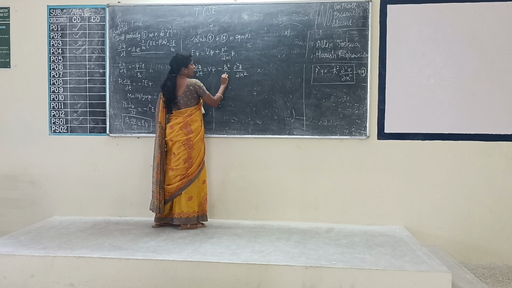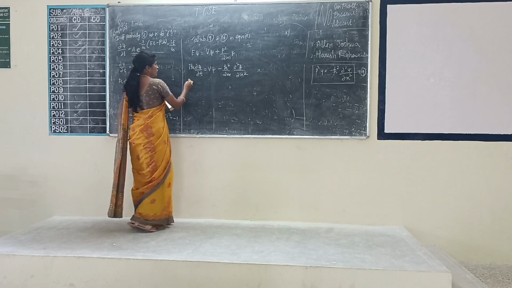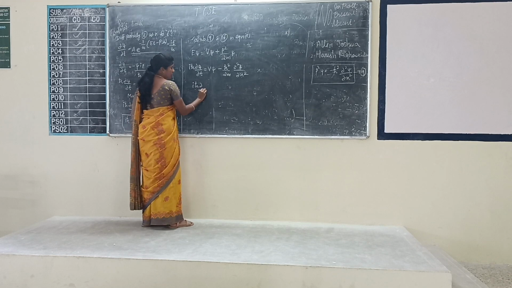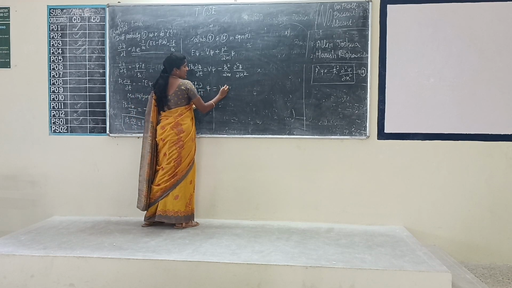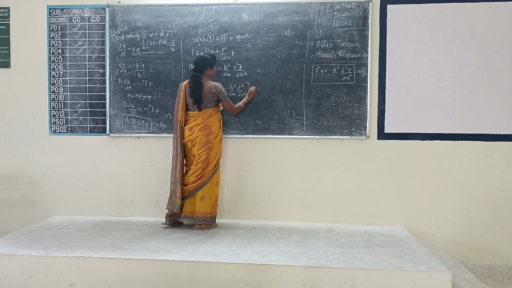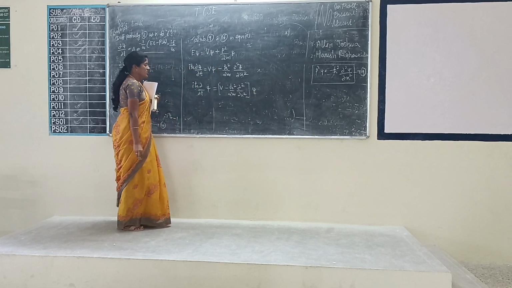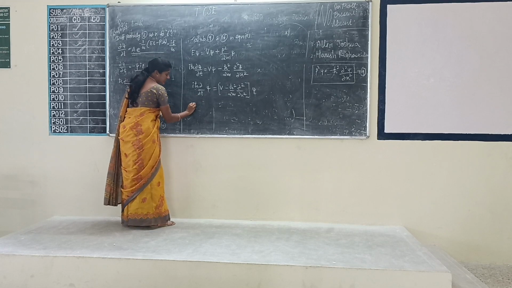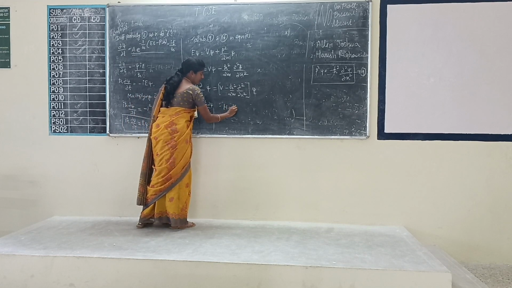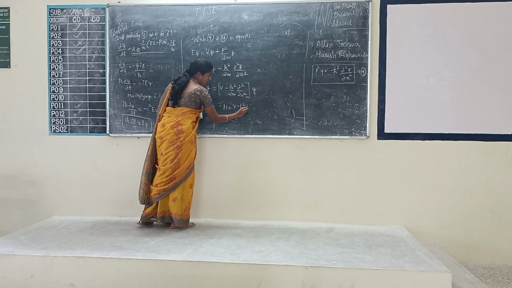Already we are having 2m in the denominator. So listen, i h cross ∂/∂t of ψ is equal to, taking ψ as a common term, minus h cross squared ∂²/∂x² divided by 2m, plus V, of ψ. So this is considered as E, which is equal to i h cross ∂/∂t, and H is nothing but V minus h cross squared ∂² divided by 2m of ∂x².